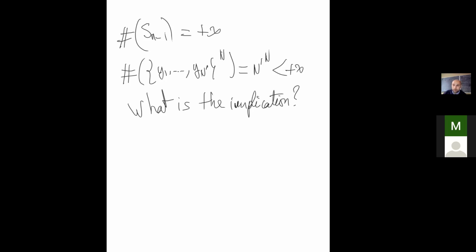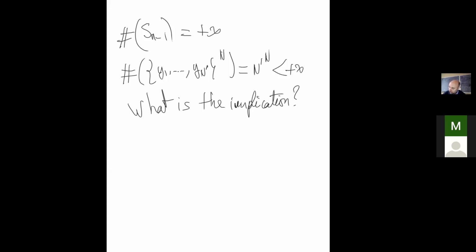So the point is necessarily, since the space from which we depart is infinite, and the space which we arrive at is finite, necessarily there are an infinite number of points in the space of departure which have the same image. That's the only way.